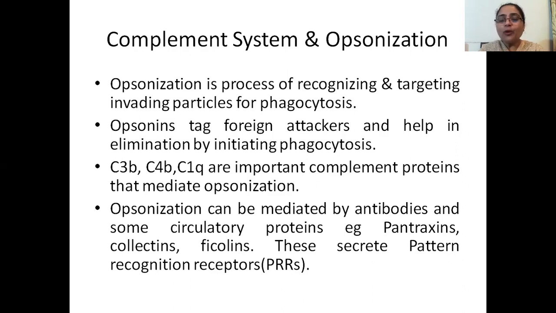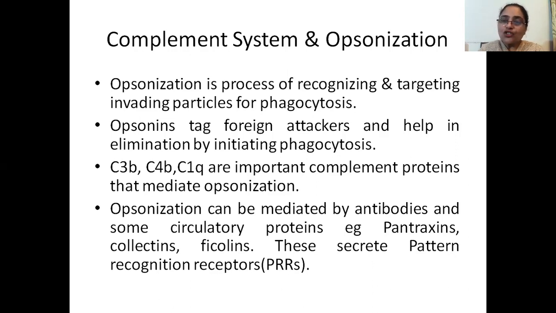One of the MCQ questions can be: which are the complement proteins which can help in opsonization? They are C3b, C4b and C1q, so 2 B's and 1 Q. C3b, C4b and C1q are the important complement proteins which help in mediating opsonization.